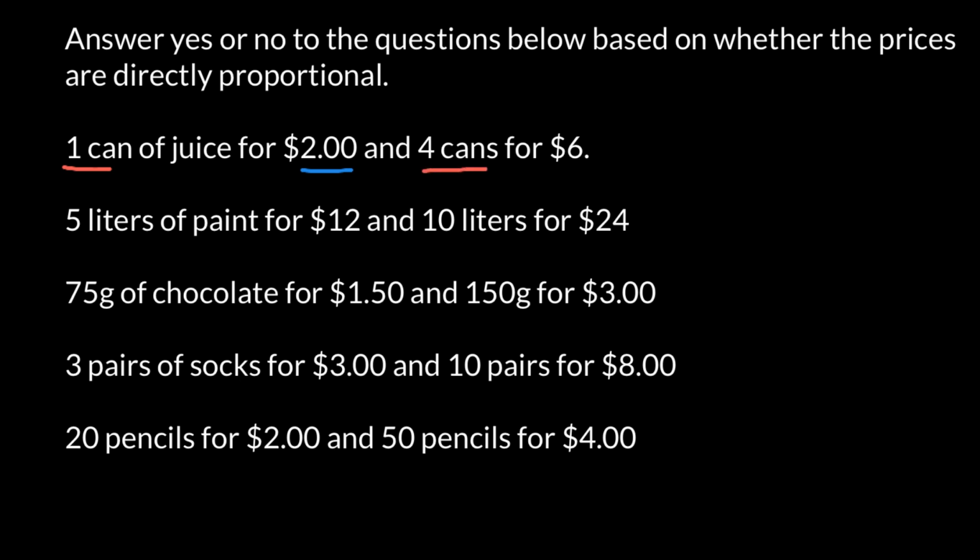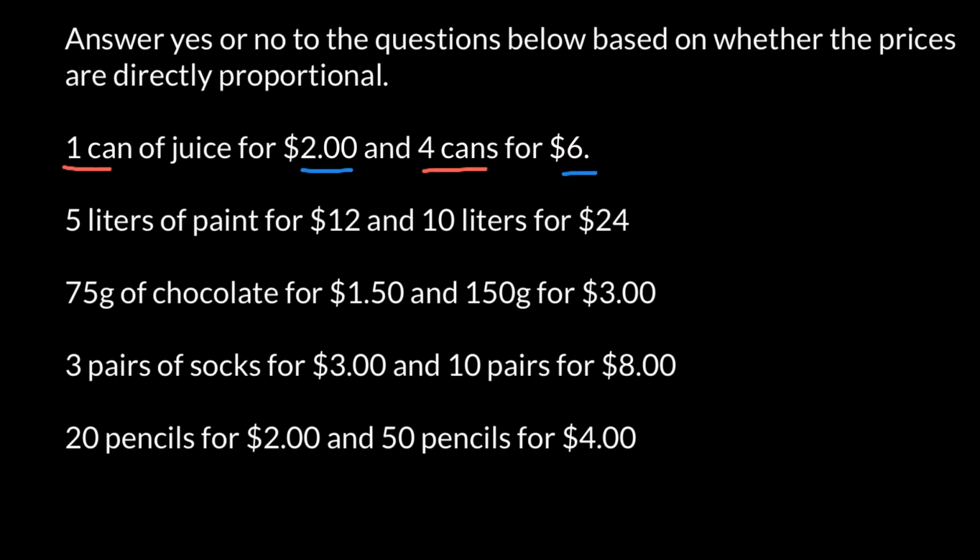In order for these two ratios to be proportional, as you see, we have 1 and 4. So this number also has to be 4 times bigger than this number. So we should have 8 here.